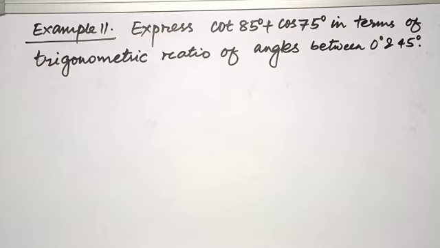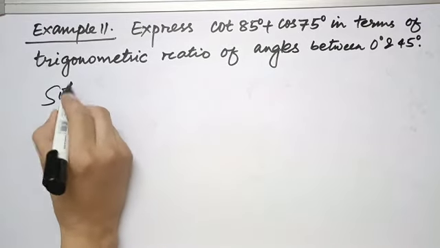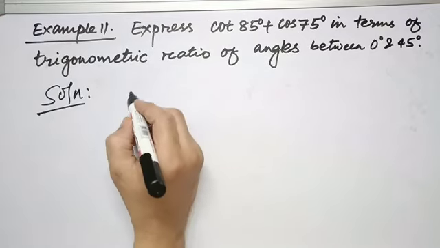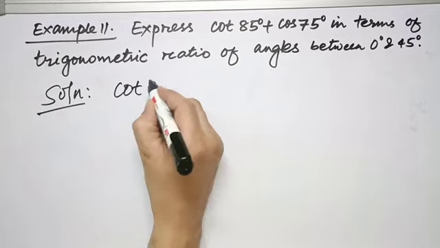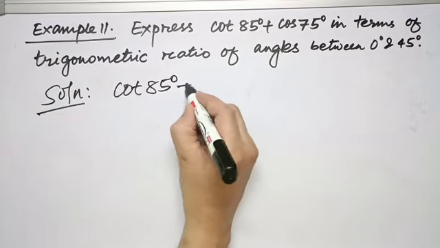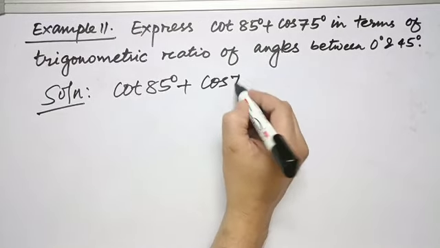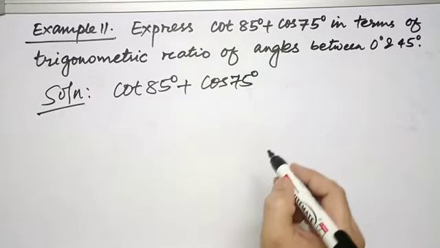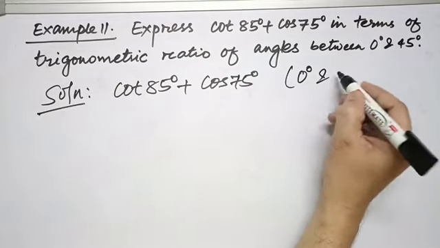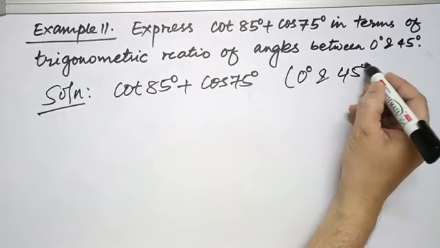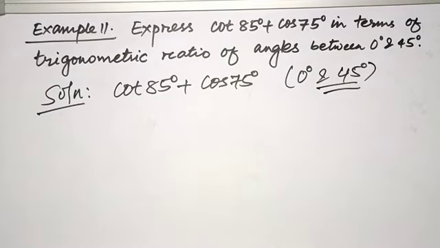So let me write and let me solve for you so that it will be easy for you. We are given that cot 85 degree plus cos 75 degree, and this degree has to be between 0 and 45. This is what question says.